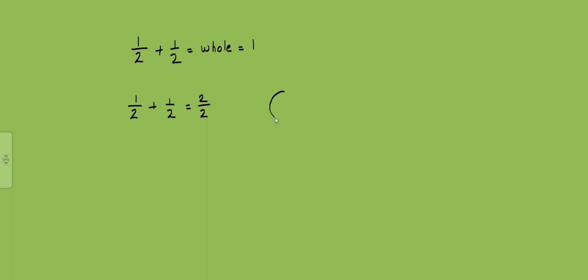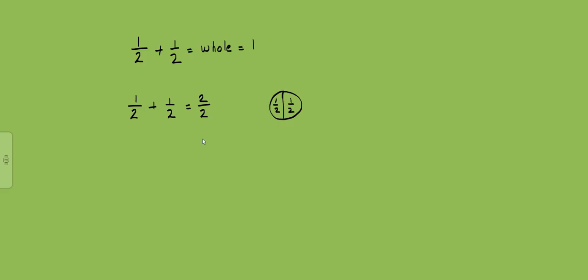Let's try and draw a very rough representation. There's the whole pizza. So I'm going to cut it into halves. Obviously, they'd need to be equal parts. So if I had 1/2 and then I had another half, in language we'd say I had 2 halves, and in maths we'd just write it the same way, 2 out of 2, 2 halves.